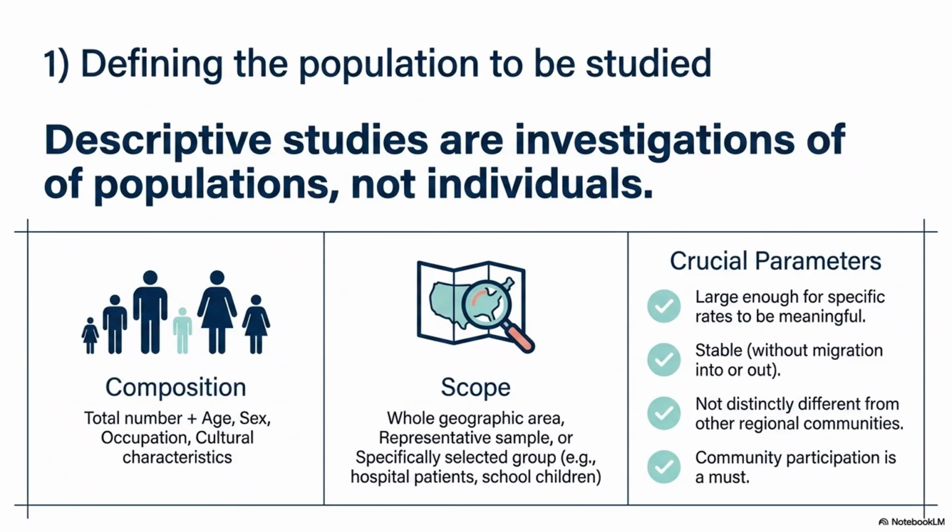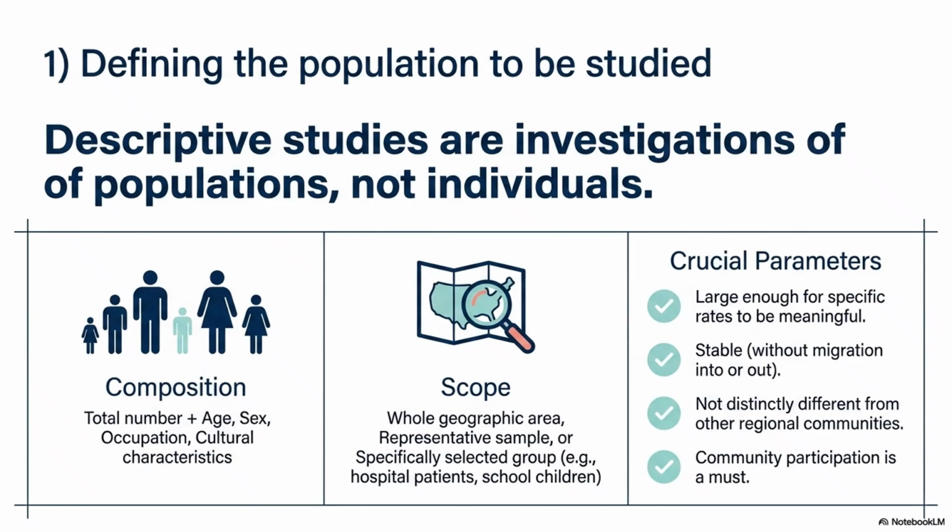Suppose an unknown disease has happened in community A. We should define the population under study: in that community A, what is the total population number, their age distribution, gender distribution, their occupation, their cultural characters. And not only that, we can take all the population in community A, or if the population is large, we can take only a representative sample with the help of sampling techniques.